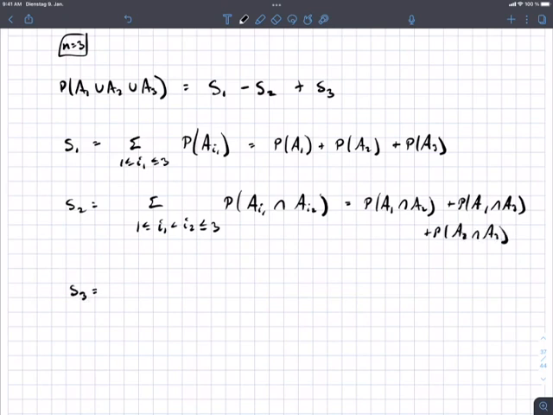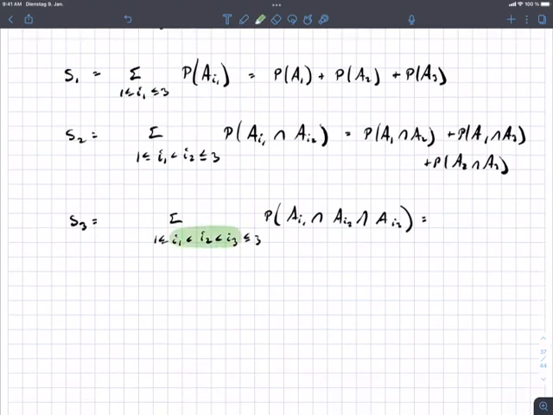Now as S3, I've got I1, I2, I3, and now I've got an intersection of these three events. Now there's only one way I can have three unequal integers between 1 and 3.